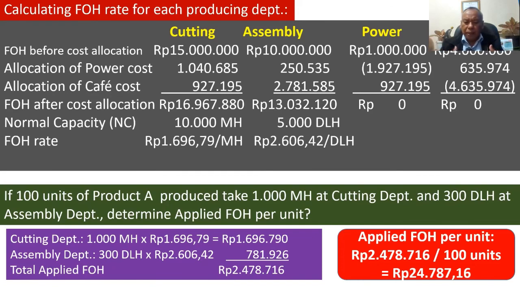The department that has allocated its costs to other service departments no longer receives allocation from other service departments. But in the last method, the algebraic or reciprocal method, the service department allocates its costs to producing departments and also to the other service departments.